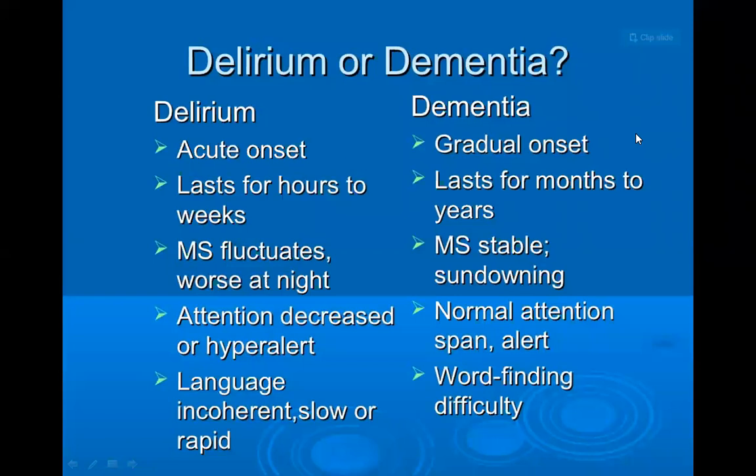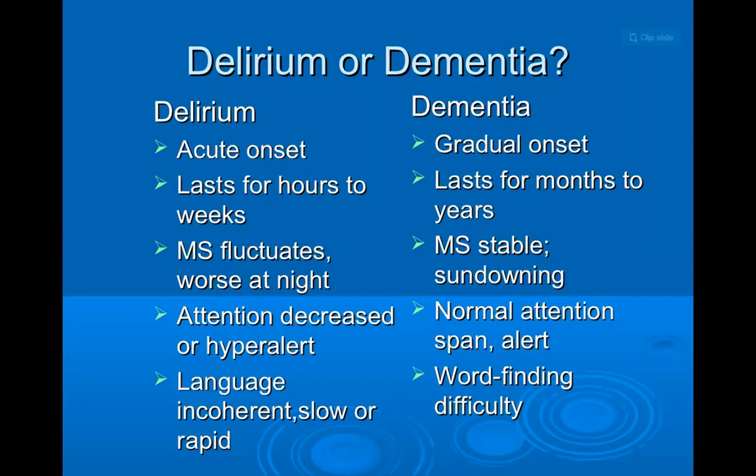Then delirium or dementia. In delirium there is an acute onset, and in dementia it is a gradual onset. In the next class we will discuss dementia, so in this slide we will only see the difference between delirium and dementia. Delirium lasts for hours to weeks, but dementia lasts for months to years. Then the patient has mood swings which fluctuate, worse at night, while in dementia mood is stable, or sundowning.